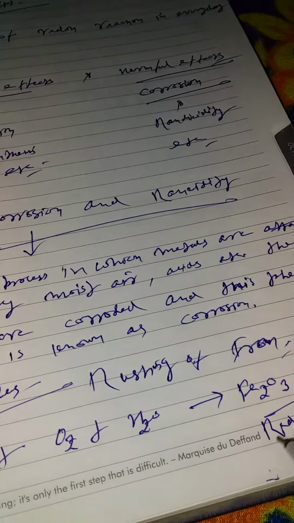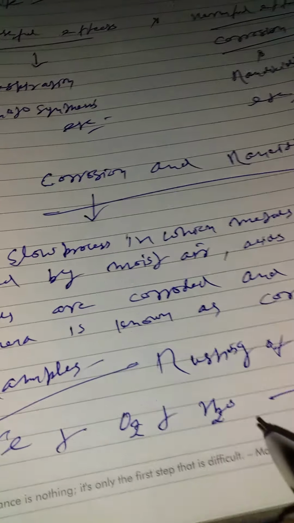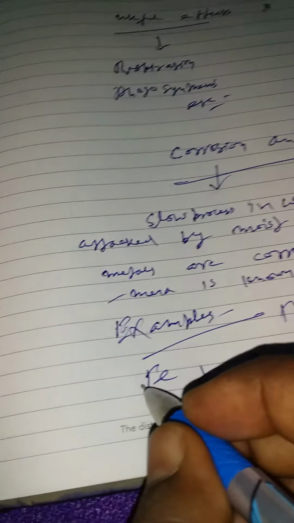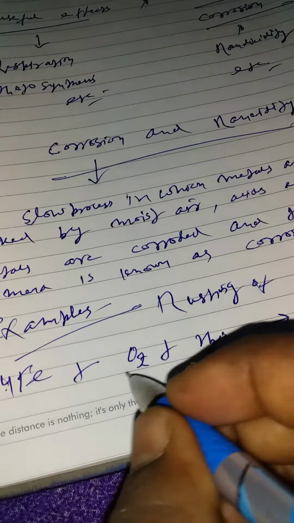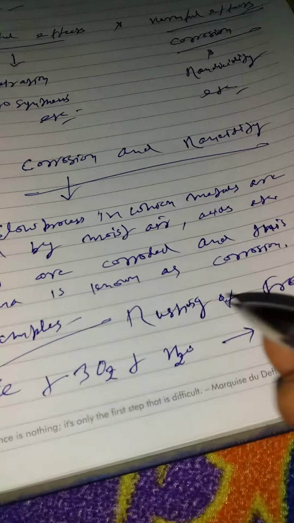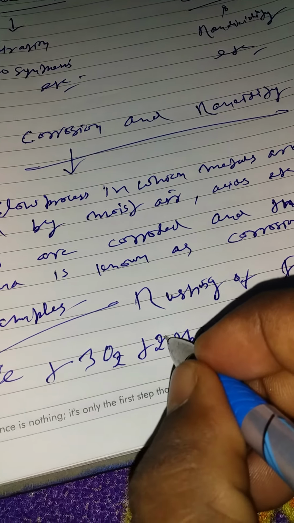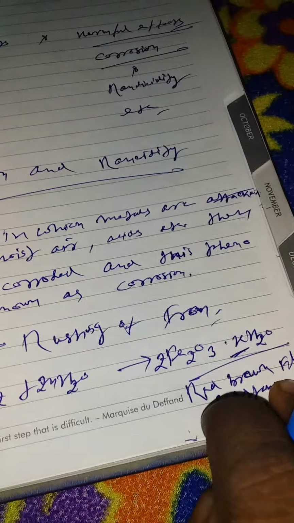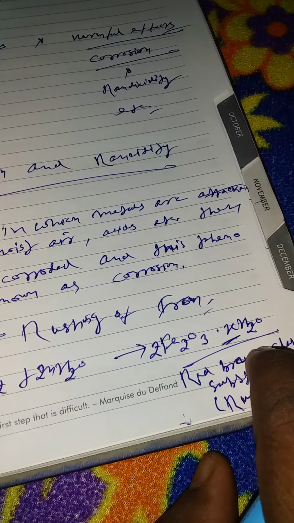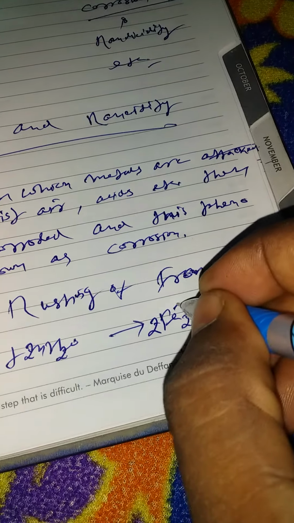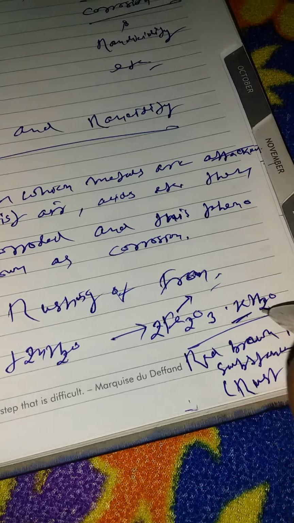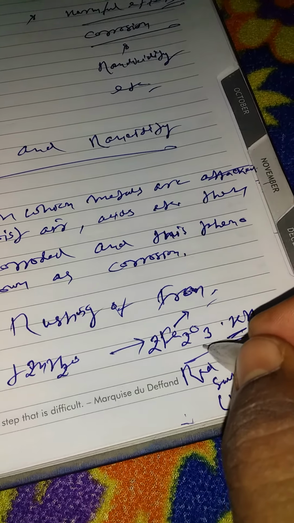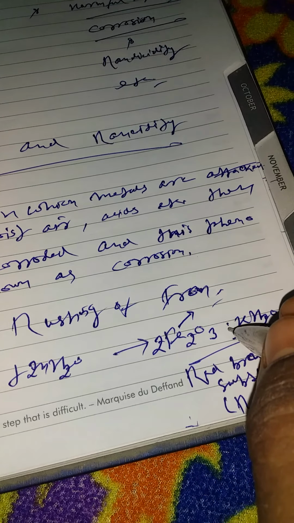So we balance this chemical equation: 4Fe plus 3O2 plus 2xH2O gives 2Fe2O3.xH2O. This is hydrated ferric oxide. For H2O, we use the term hydrated, and this Fe2O3 is ferric oxide.